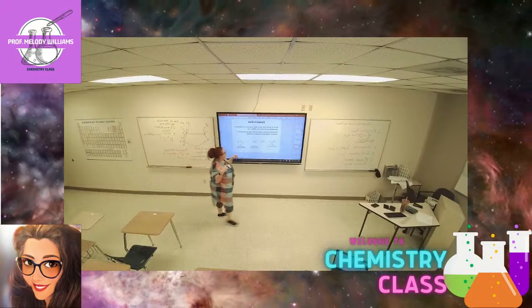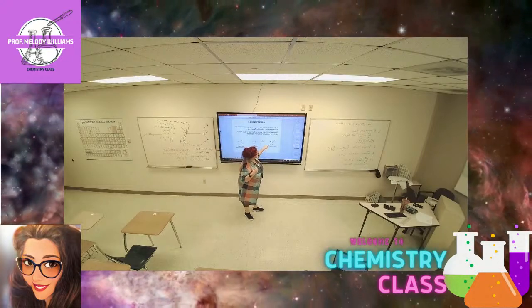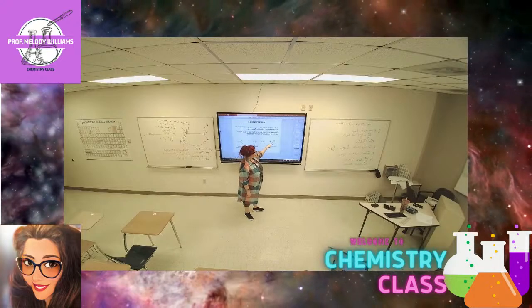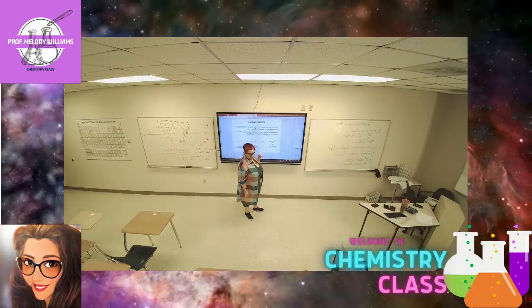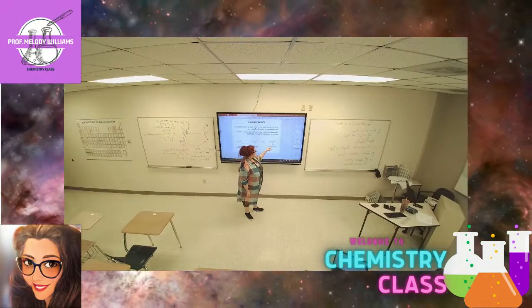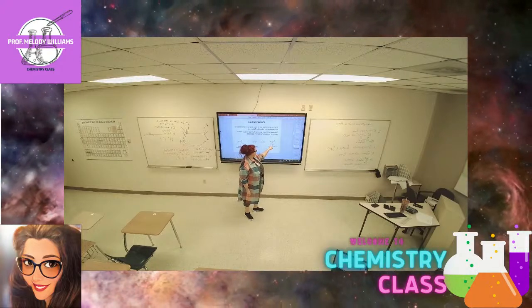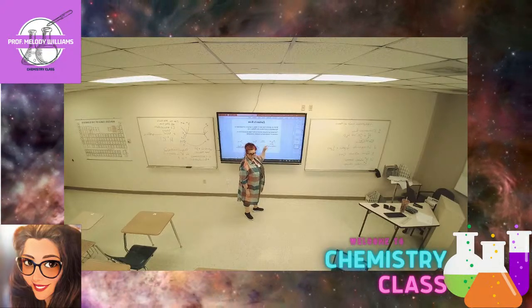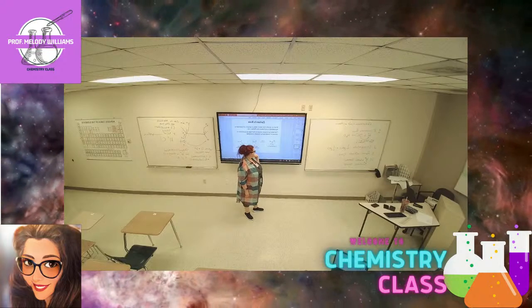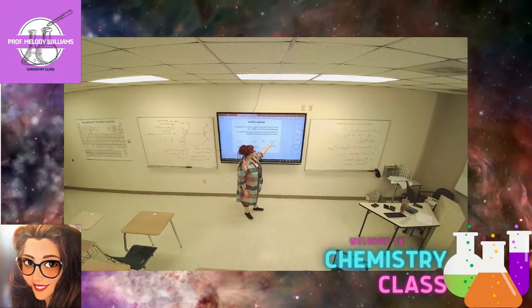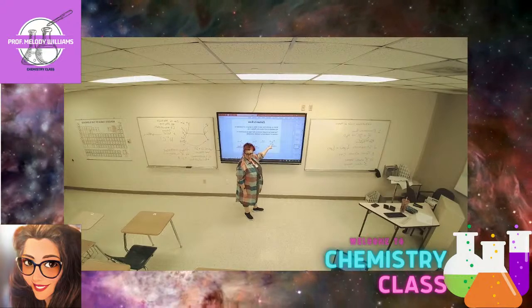So it's branched, which tells me that there's a carbon in the middle. This carbon's attached to all of these. This one is only attached to this carbon, though. So this carbon is the only one that's attached to this oxygen.